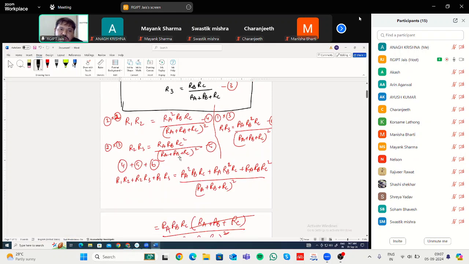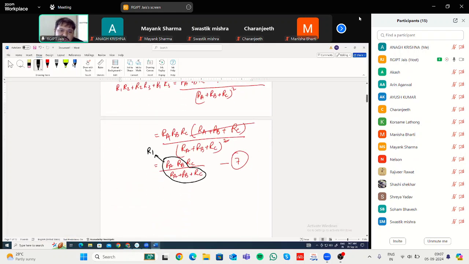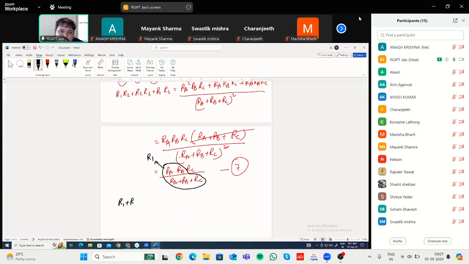On the left hand side it will be the same, that means R1 R2 plus R2 R3 plus R1 R3. On the right hand side, if you consider this term as R1, then it will be R1 multiplied by RC.